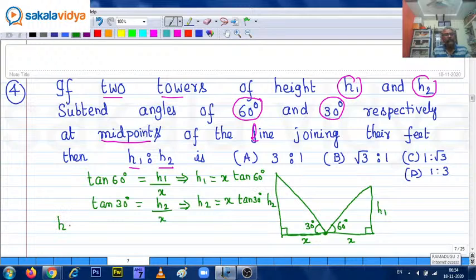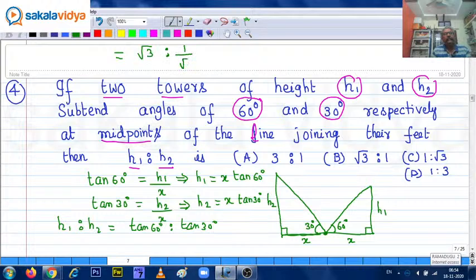So h1 is to h2 ratio: x cancels, tan 60 is to tan 30. Tan 60 is root 3 is to tan 30 is 1 by root 3. Multiply both sides with root 3: root 3 into root 3, 3, is to root 3 into 1 upon root 3, 1. 3 is to 1. So A is the right option.